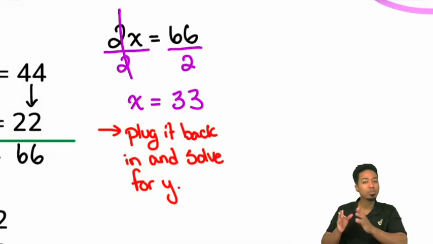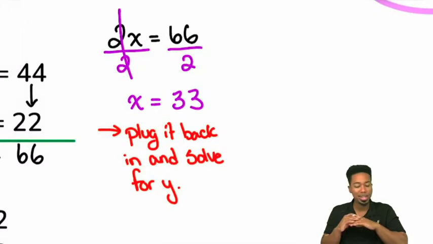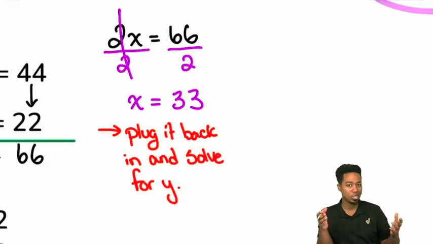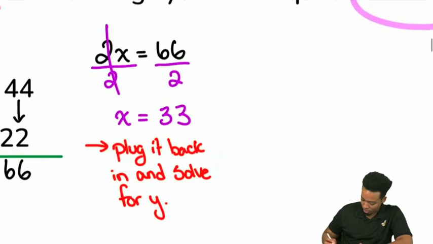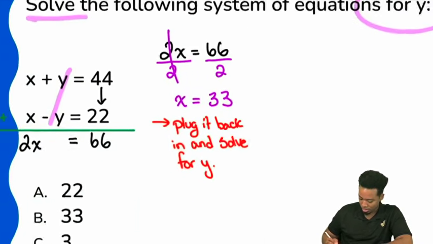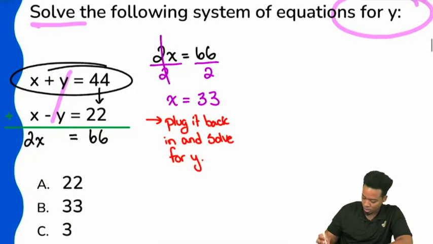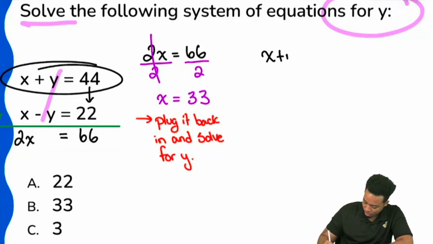I'm really teaching you the fundamentals, the foundations of systems of equations, because once these problems start getting more difficult, you'll see exactly why these fundamentals will play in no matter what scenario you're dealing with. So plug it back in, solve for y, and here we go. I'll go ahead and take the first equation. Again, either one works. I'll just take the first one. So x plus y equals 44.